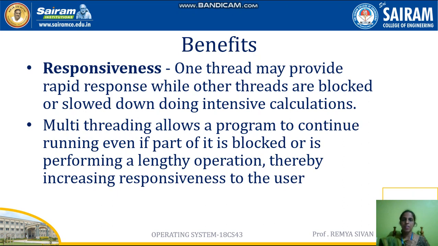In a web browser we use multiple threads: one thread takes care of images, another takes care of data. So one thread may provide rapid response while other threads are blocked or slowed down doing intensive calculations. Multi-threading allows a program to continue running even if part of it is blocked or performing a lengthy operation, thereby increasing responsiveness to the user.